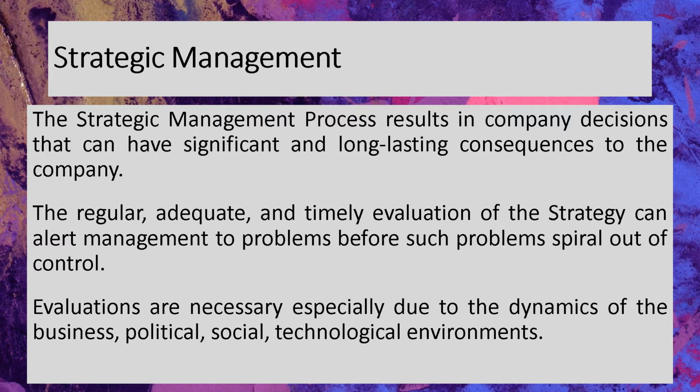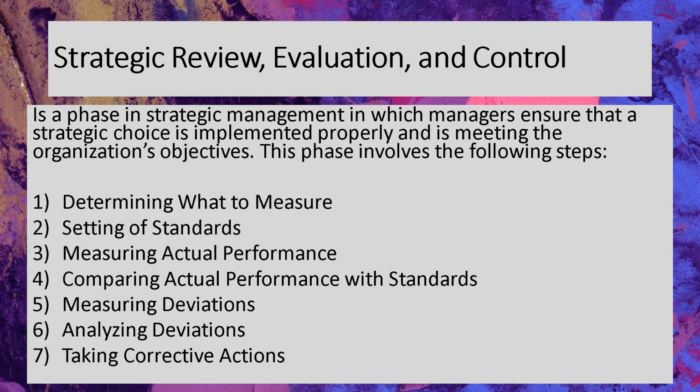Evaluations are necessary, especially due to the dynamics of the business, political, social, and technological environments. Even the best formulated and implemented strategies become obsolete as a firm's external and internal environments change. It is essential, therefore, that managers systematically execute the strategies by following review, evaluation, and control.